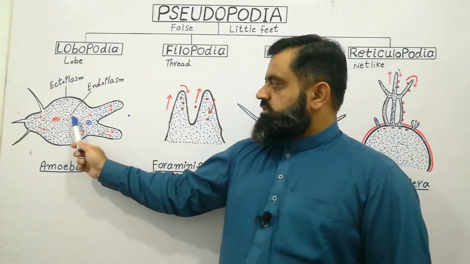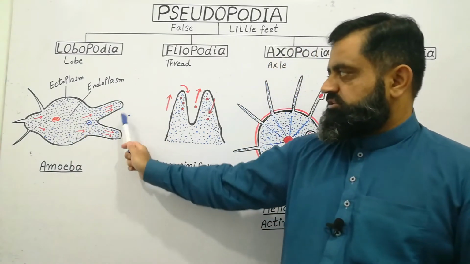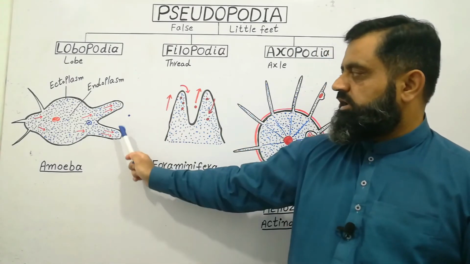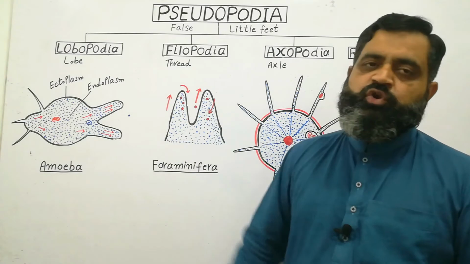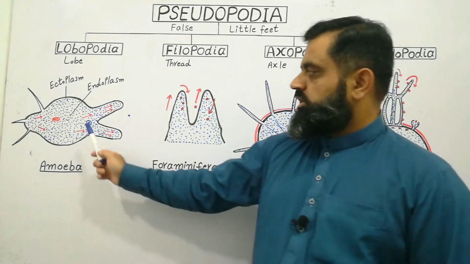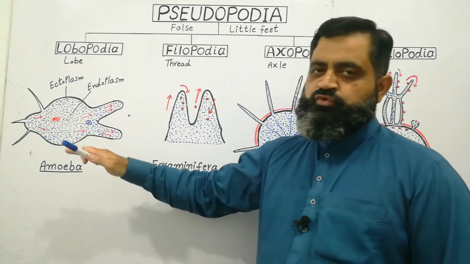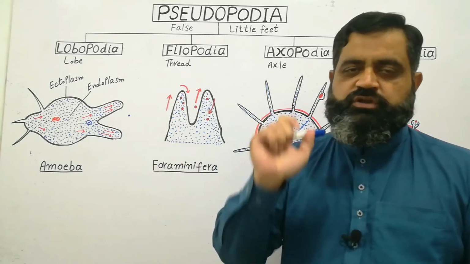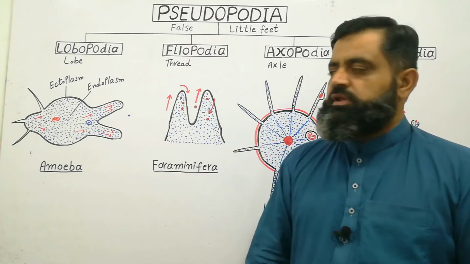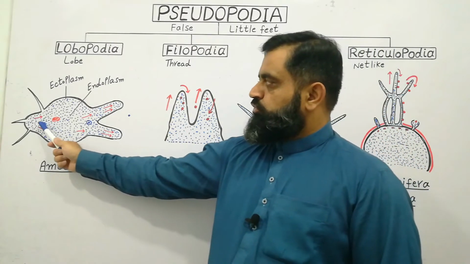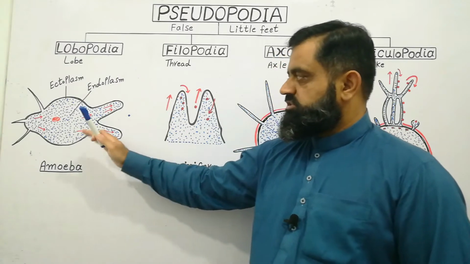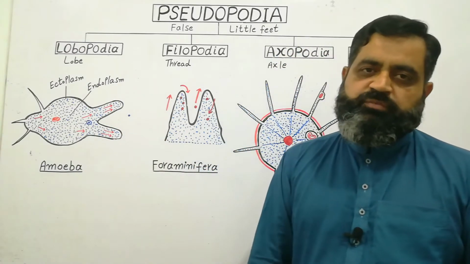As you know, these foot-like structures which are lobe-like are known as pseudopodia, and right now we are calling them Lobopodia. First of all, if the animal wants to move from one place to another, or it finds a piece of food and wants to engulf it, it moves its ectoplasm and endoplasm towards the direction of the movement.